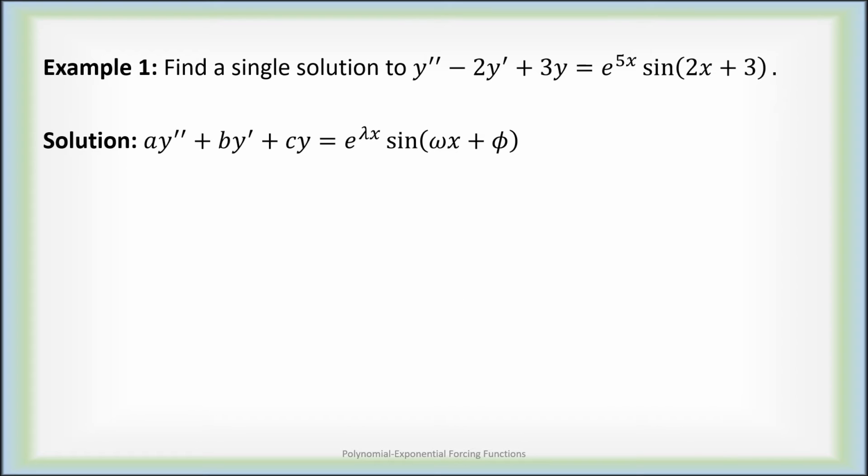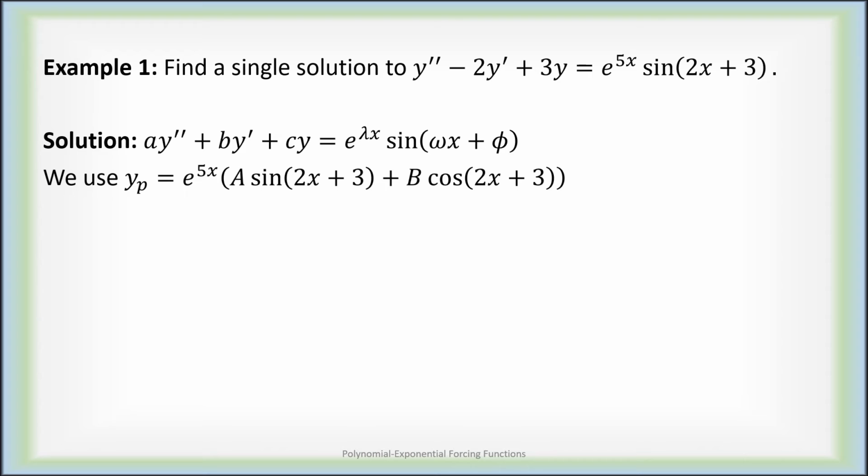So the first formula said, if I want to solve ay double prime plus by prime plus cy equals e to the lambda x times the sine of omega x plus phi, we use yp equals e to the lambda x, which is 5, times A times the sine of omega x plus phi plus B times the cosine of omega x plus phi, and we know what omega and phi are.